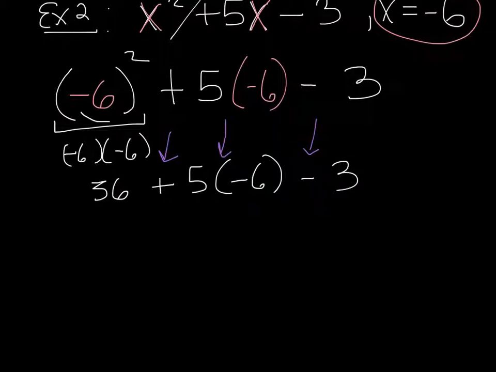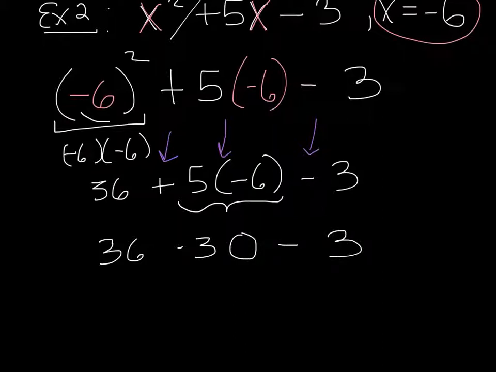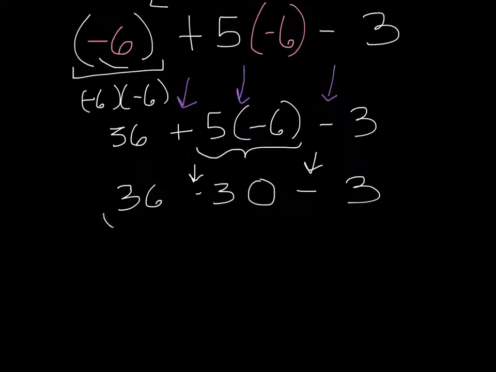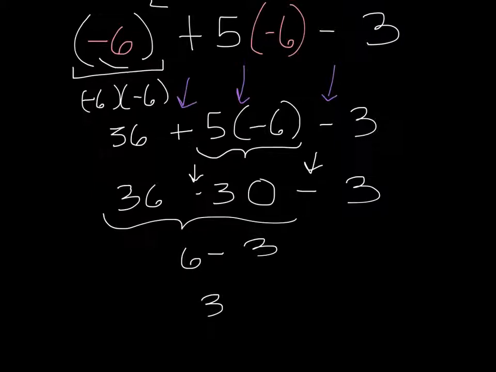So I'm going to do this one because that's multiplication. So 36 I leave alone. Positive 5 times negative 6 is minus 30. And then my last two operations are just subtraction and subtraction, so you can work these out from left to right. 36 minus 30 is 6, and then we subtract 3, and so we're left with 3.